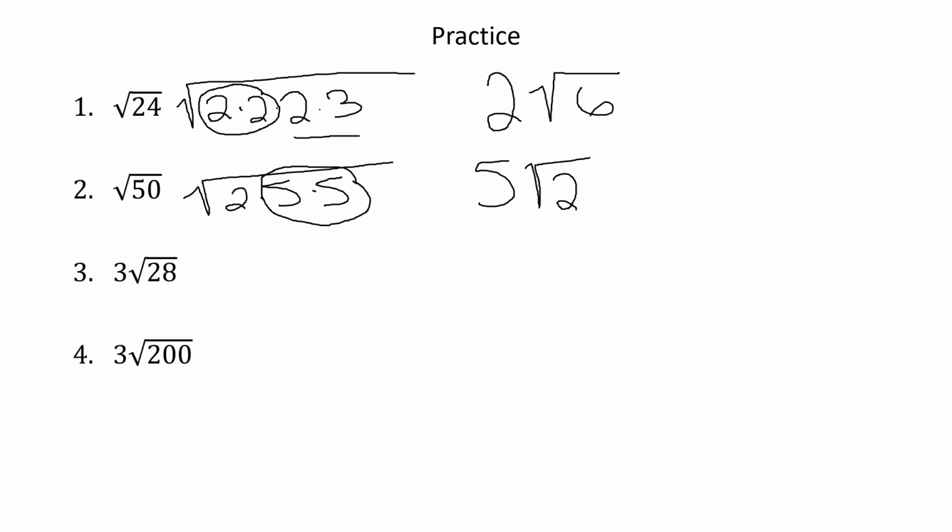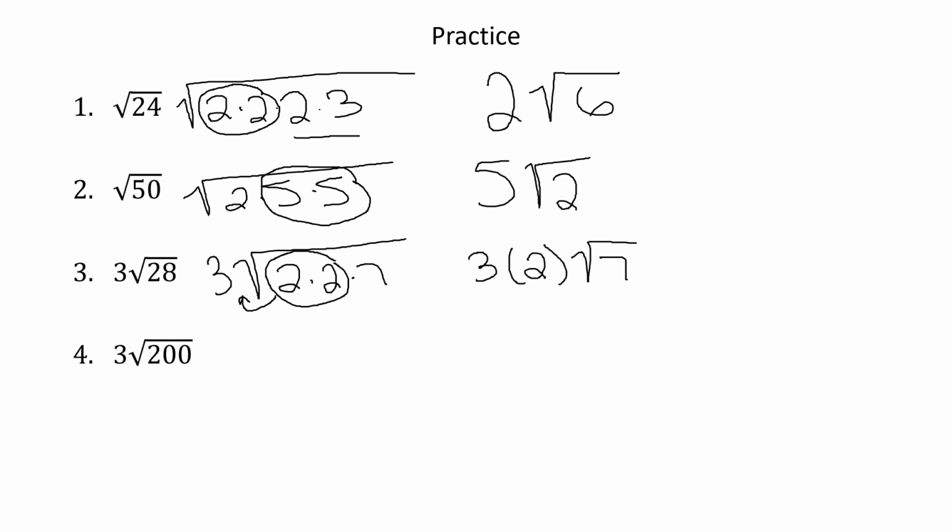When 28 breaks up, my 3 stays put. On the inside, I'm going to have 2 and 14, which is 2 times 2 times 7. Let me check that. 2 times 2 times 7. Yep. I'm going to find any pairs. It's going to pull out in front. So what I have is 3, and remember, if I have more than one thing out front, it becomes multiplication, which gives me 6 square root of 7.